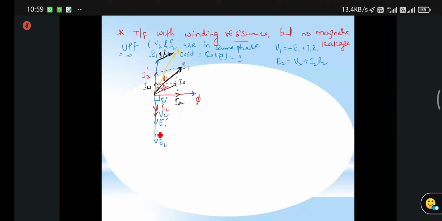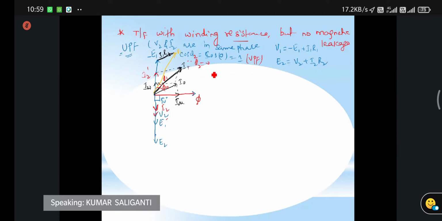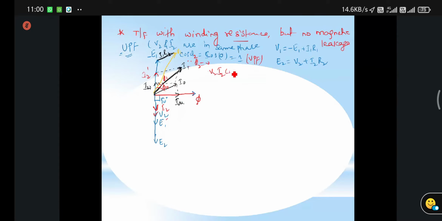What about the phi 2? On the second side, phi 2 will be 0. So cos phi 2 equals 1, because cos 0 is the unity power factor. Generally the second side power P2 is V2 I2 cos phi 2. Since cos phi 2 is 1, you get V2 I2, with V2 and I2 in the same direction, the same phase.